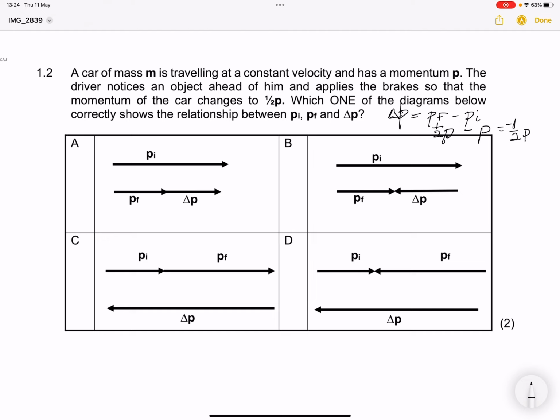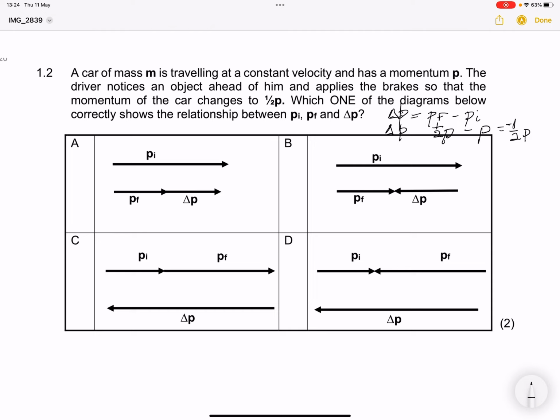So the change in momentum is negative, it should be in the opposite direction, and it should be a half of p. The final momentum is a half of p, and the initial momentum is p.